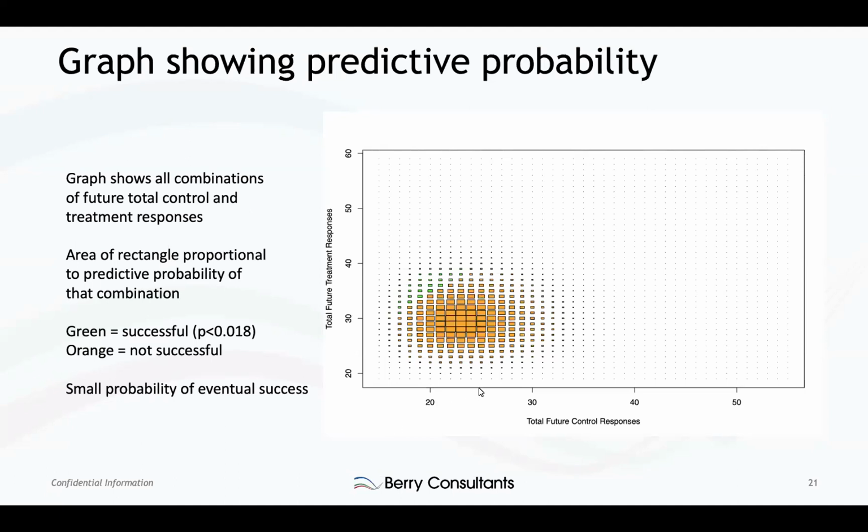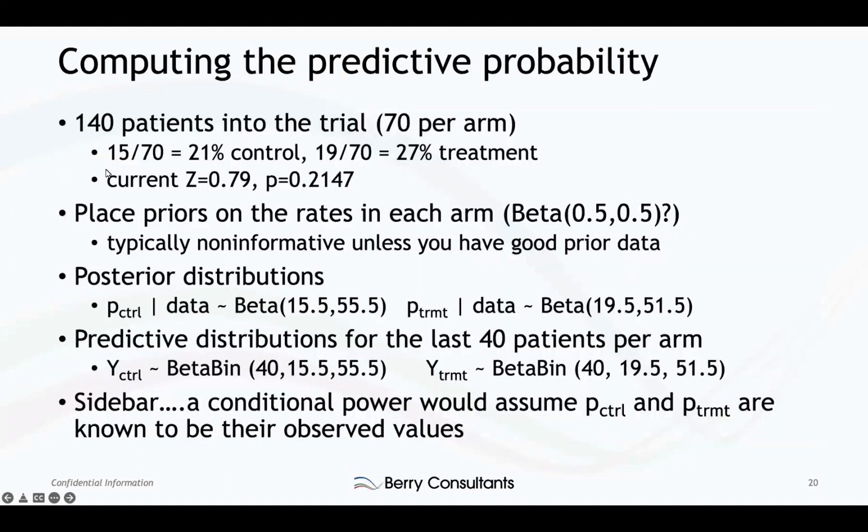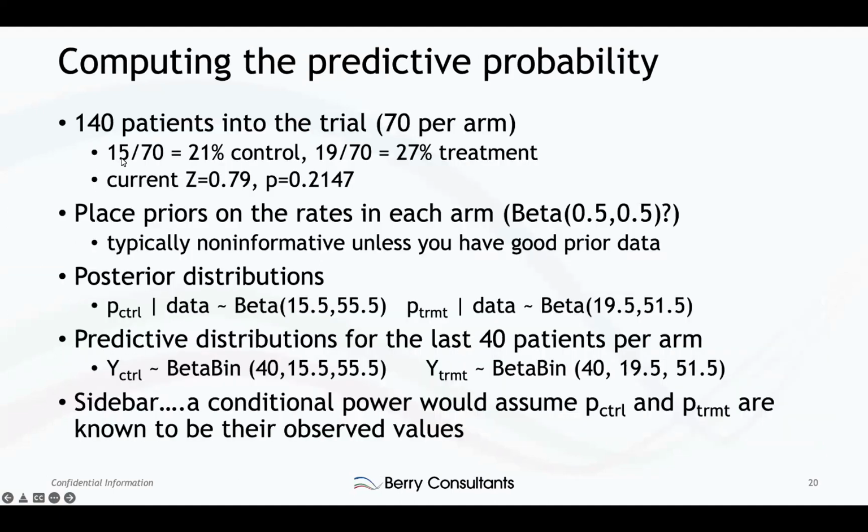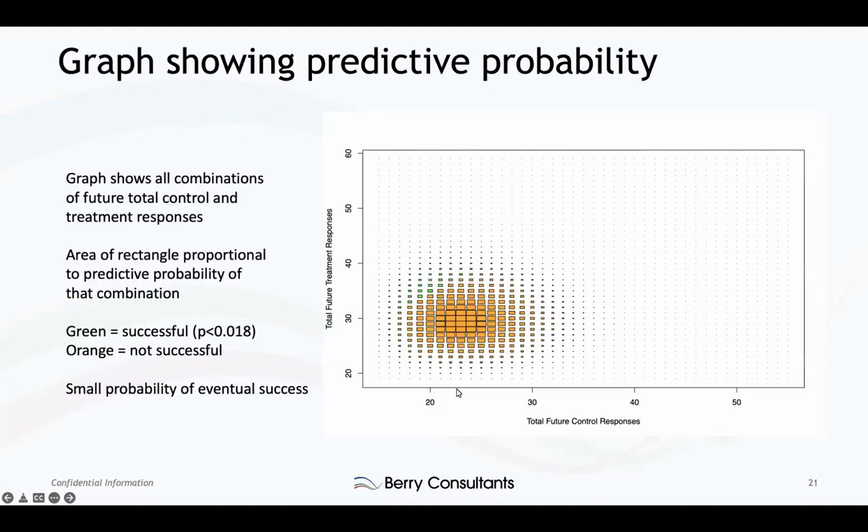Yes, so this is essentially the Bayesian prediction of this trial going forward. If I'm currently at 15 out of 70 on control and 19 out of 70 on treatment, this is a prediction of what will happen at the final sample size. I'm starting at 15 control responses, and I'm going to enroll more patients.